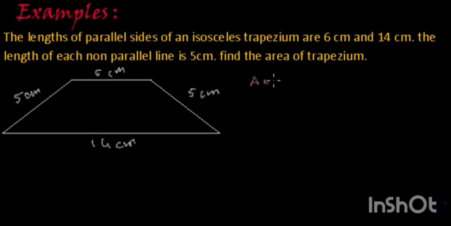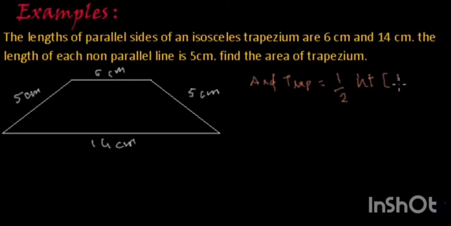And the area of a trapezium is equal to 1 by 2 times the height of the trapezium multiplied by the sum of the lengths of two parallel lines.